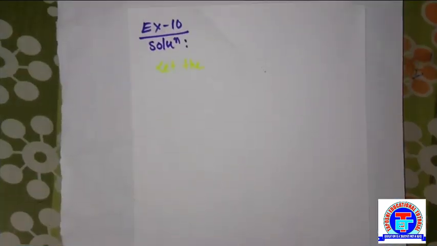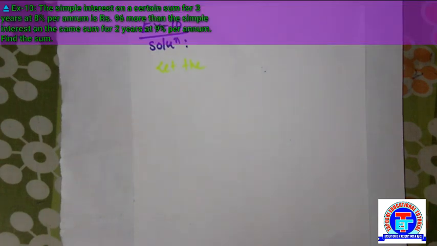Here we are going to solve the next problem number 10. Here given the simple interest on a certain sum for 3 years at 8% per annum is rupees 96 more than the simple interest on the same sum for 2 years at 9% per annum. Find the sum.